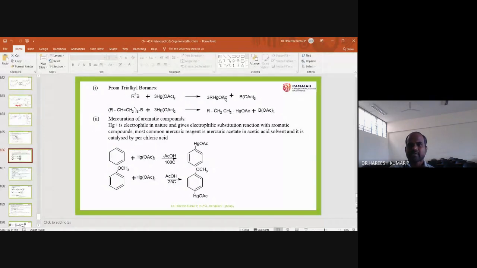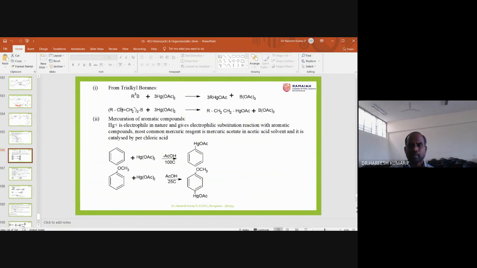Here I am taking an example. This is a general reaction, and the byproduct is triacetoxyborane. The product is alkyl mercuric acetate. This is one example I am taking. Of course, this is also a general example, but here R may be an alkyl or aryl group.